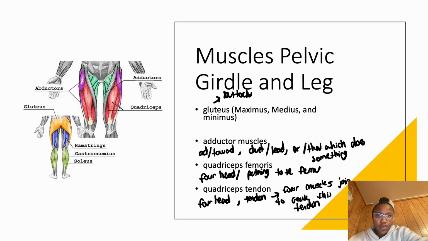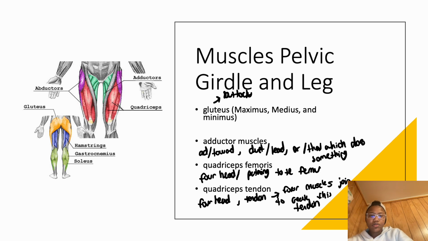Next, we're going to have the muscles in the pelvic girdle and leg. So we have the gluteus, which means buttocks. Then we have maximus, medius, minimus. Maximus means largest, medius means middle, and minimus means the smallest. Then we have the adductor muscles. Ad means toward, duct is lead, and or is that which does something. So the muscle which leads the leg towards the body.